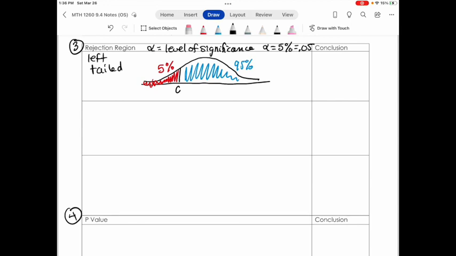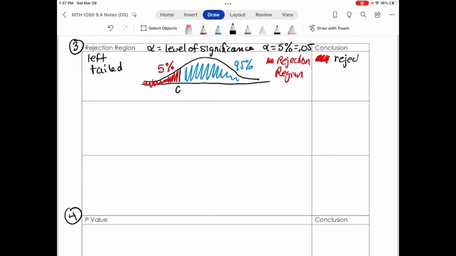Okay, now, if the test statistic falls within the rejection region, that's the red. So let me label that. Red is the rejection region. When we calculate our test statistic, we are going to look to see if it falls within our rejection region.